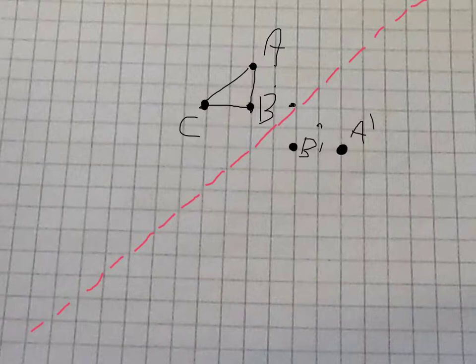And we have point C, which is 1, 2 points away from the line of symmetry. So I would do 1, 2, and that would mean dot C would be right here with C apostrophe. So that would mean the shape would be like this, the final image of the reflection.